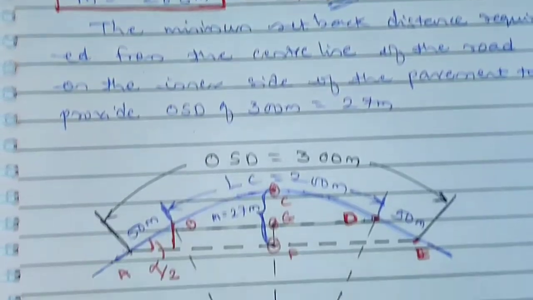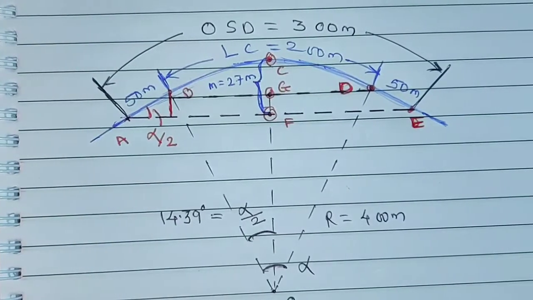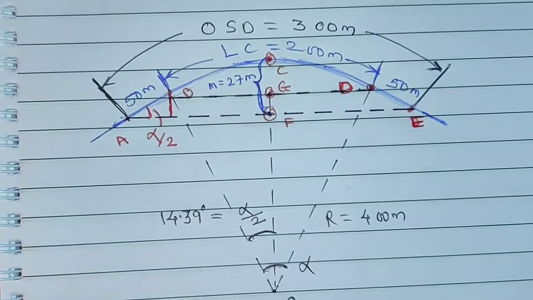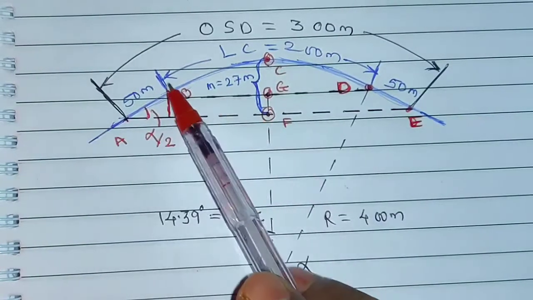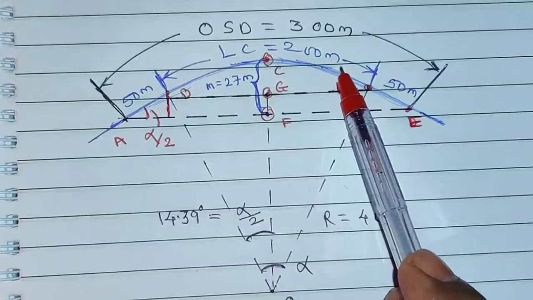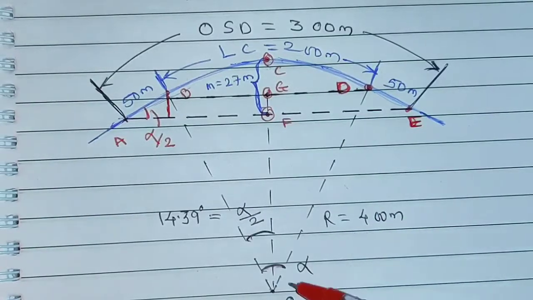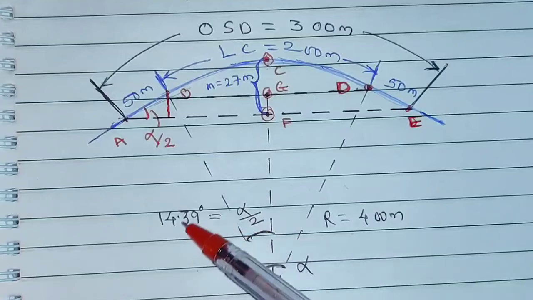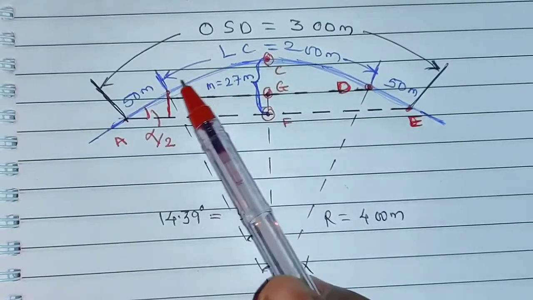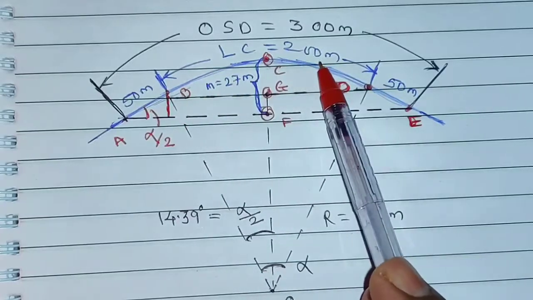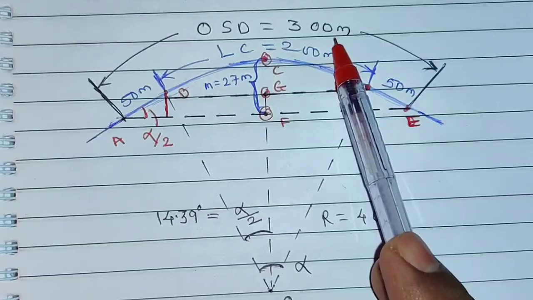This can be better understood from the sketch. If you observe the sketch, we have the length of the curve as 200 meters, the radius R as 400 meters, angle alpha by 2 as 14.39 degrees, and the overtaking sight distance was 300 meters.